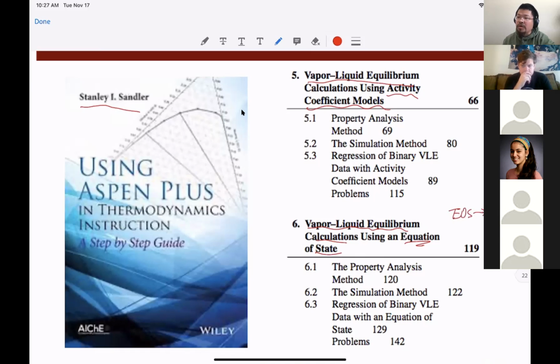Then I can run more complicated calculations. For the activity model, I'm going to have this. And if I combine the two, then I can solve any general challenge involving the mixture and the equilibrium.